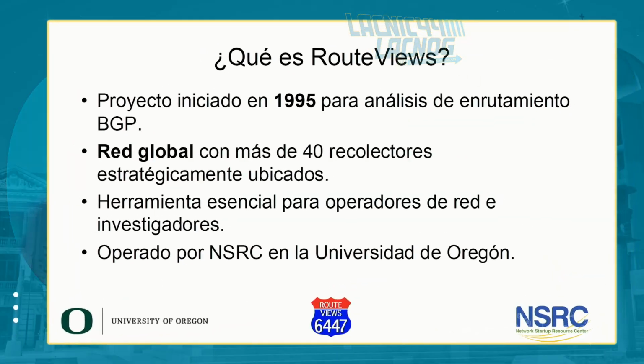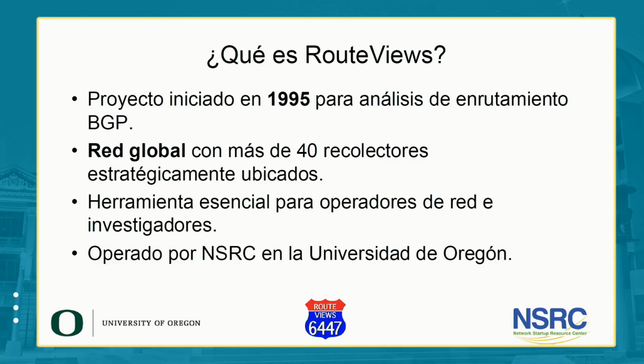Right now, this is a global network with more than 40 collectors, 48 collectors to be precise. And these are strategically located. There are 48 collectors that are strategically located.